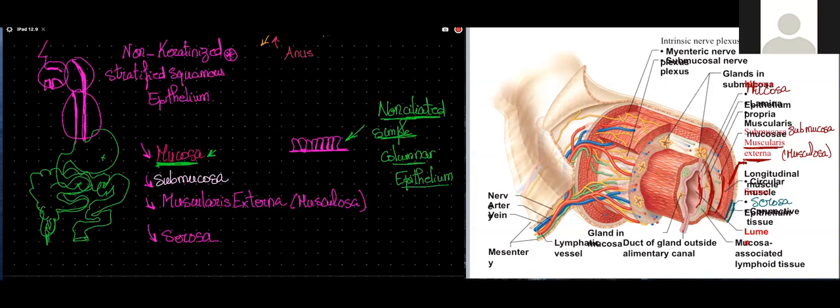All right, so when I show you a slide on the test having an epithelium and I ask you where it is located, and I give you a list of choices, if it was stratified squamous epithelium, which is non-keratinized, you should be checking for oral cavity, pharynx, or esophagus. You're going to have a list.